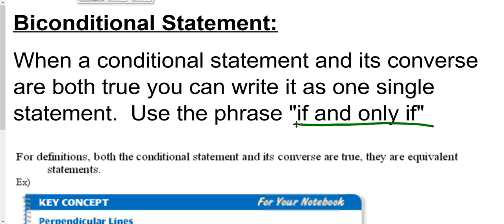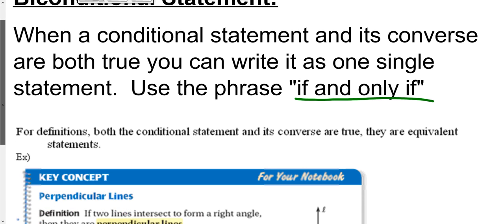Then we see right underneath that, for definitions, both the conditional statement and its converse are true. They are equivalent statements. All right, let's look at some examples of this.